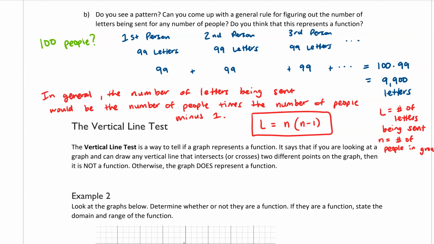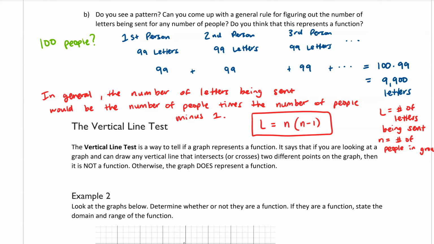Okay, so the last part of that question asks, do you think that this represents a function? It does, because for any number of people n, there's going to be exactly one specific number of letters being sent out, not multiple.